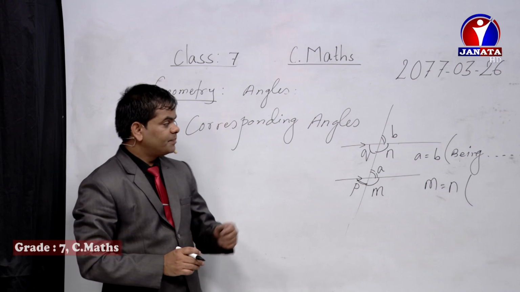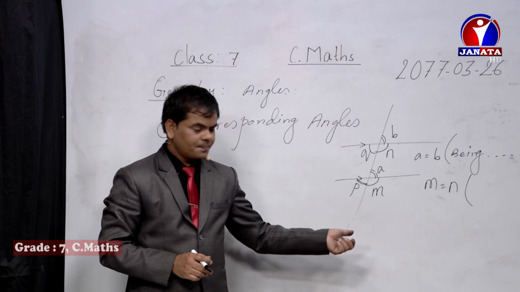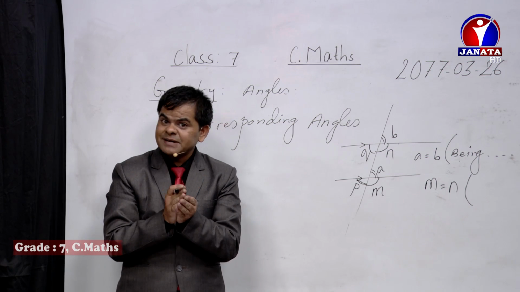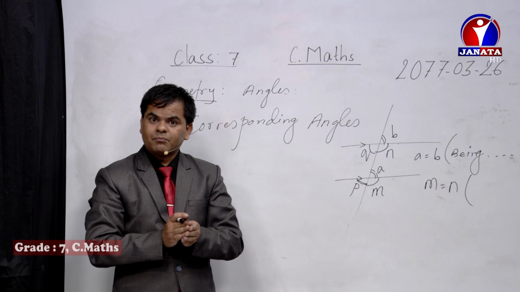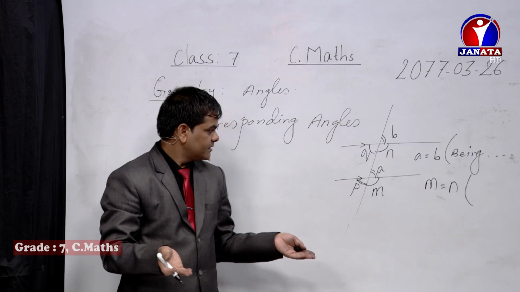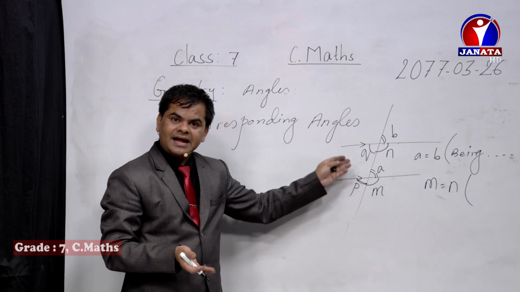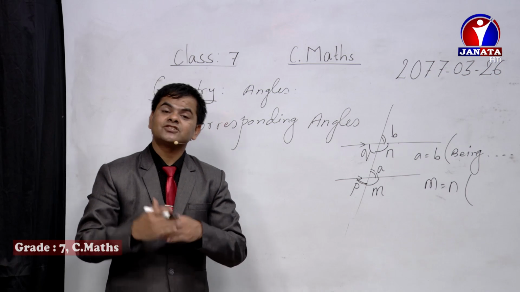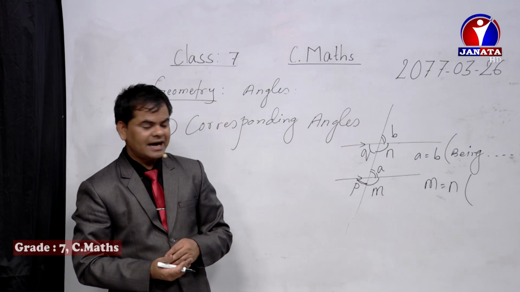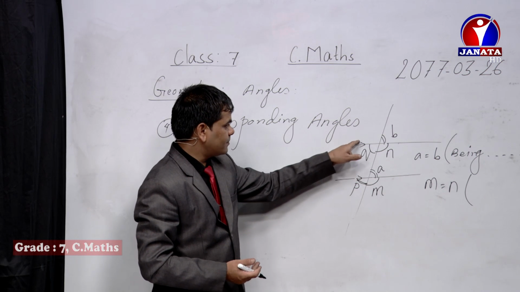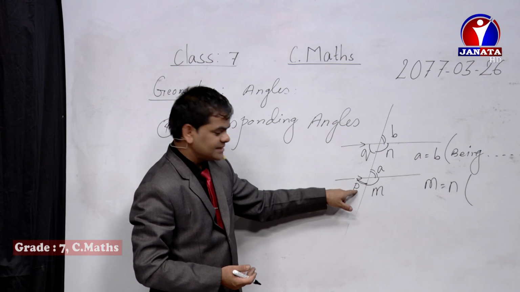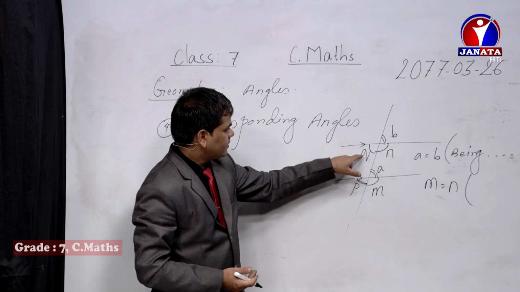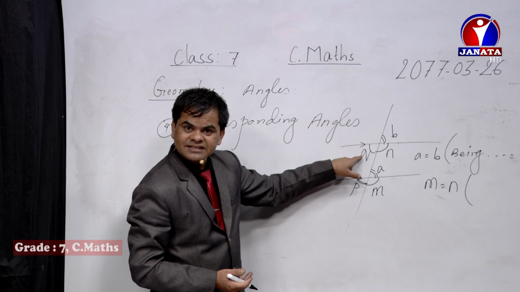That means to be corresponding, what have we learned? From the hand-side point of view, both should be on the same-hand side, but from the parallel lines point of view, one should be inside, another should be outside. P is outside, Q is inside.